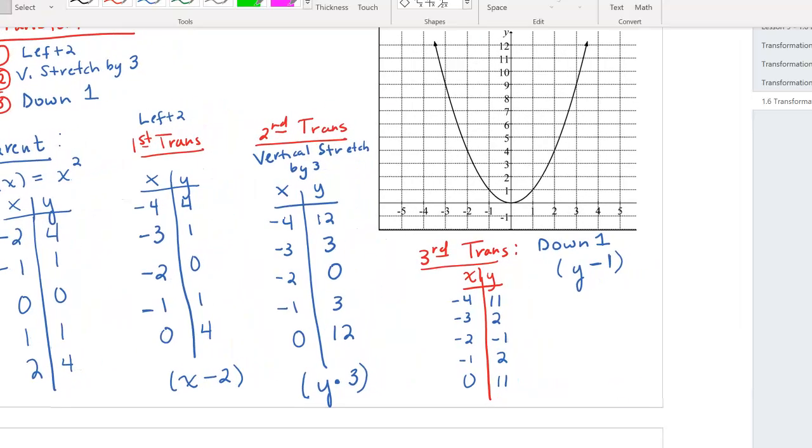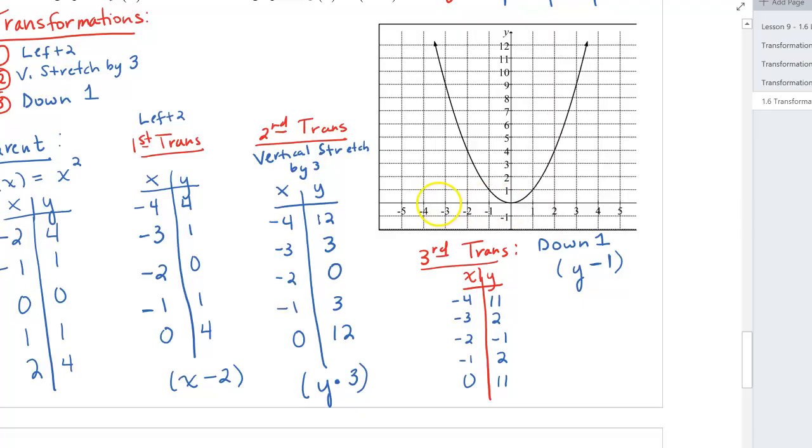So I'm going to graph the point negative 4, 11, which is right here. Negative 3, 2, which is here. Negative 2, negative 1, which drops below the x-axis.